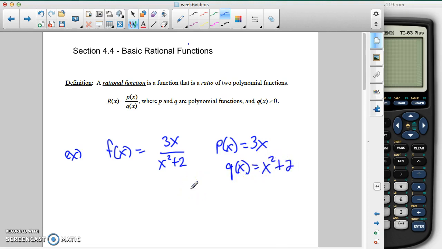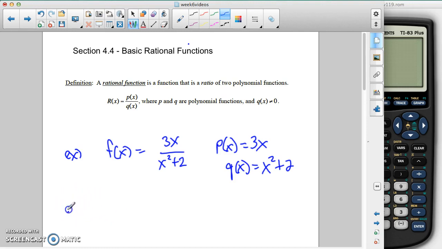Now, when we define rational functions, we're going to have to worry about where q of x equals 0. Those are going to be restrictions on our domain, because we can't divide by 0.